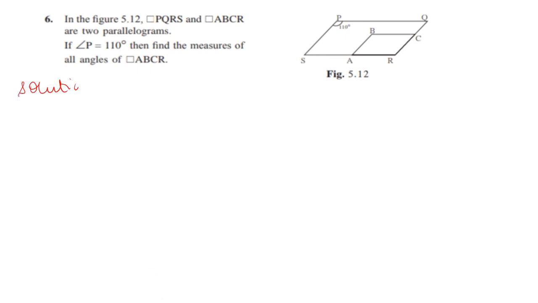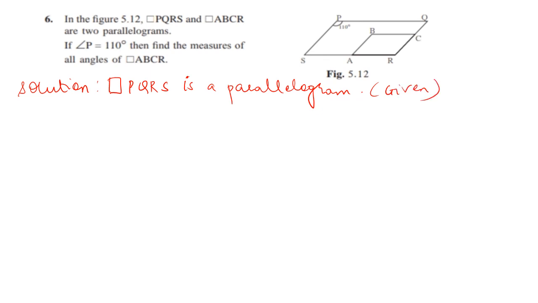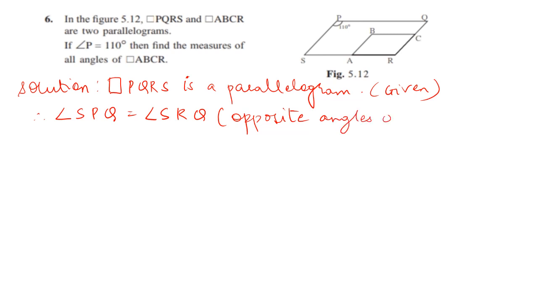So solution: PQRS is a parallelogram, that is given. Okay, so therefore angle SPQ is equal to angle SRQ. Why? Opposite angles of a parallelogram. Okay, then angle SRQ is 110 degree, which is obviously given.